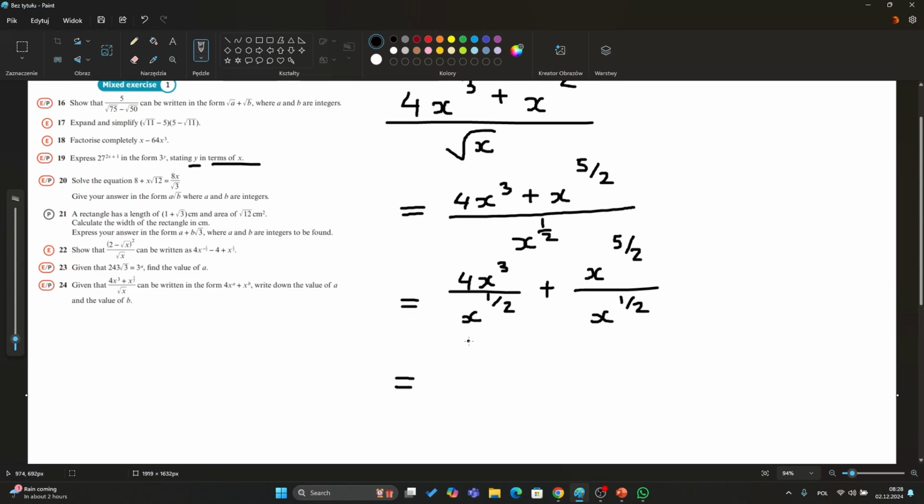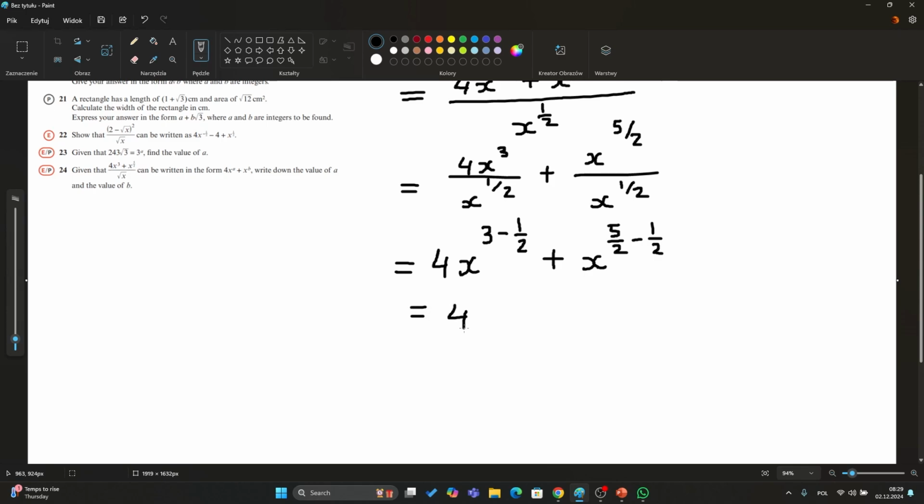So 4x cubed divided by x to the power of a half is the same as saying 4x to the power of 3 minus a half, and plus x to the power of 5 over 2 over x to the power of a half is x to the power of 5 over 2 minus a half.